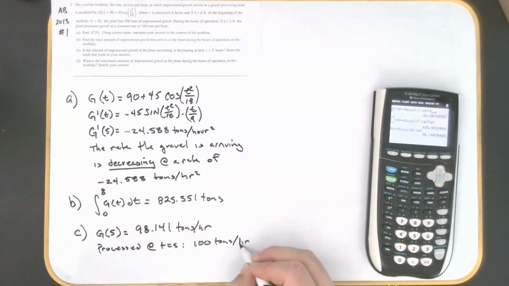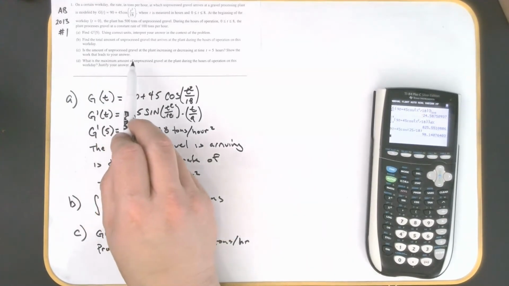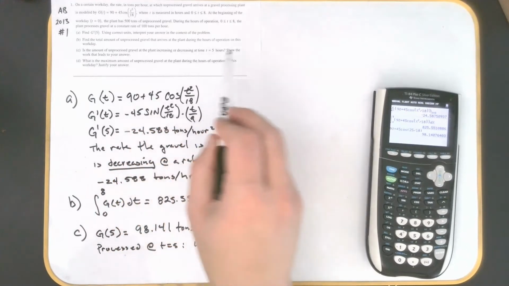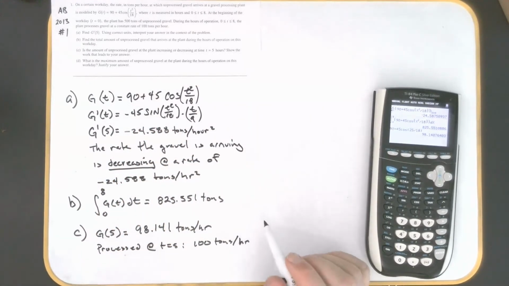So that's what I have. The question says, is the amount of unprocessed gravel at the plant increasing or decreasing at t equals 5? Show the work that leads to your answer. Well, it looks like we're processing more than is showing up. If you process more than is showing up, then the amount of gravel at t equals 5 must be decreasing.